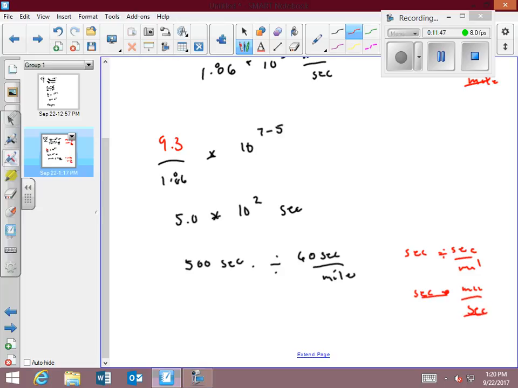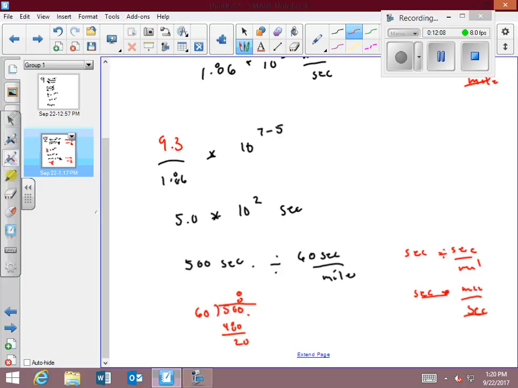So if we divide 60 into 500, 6 into 50 is what? 8, 48, 20.